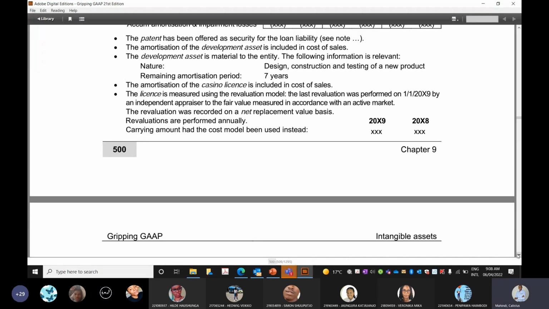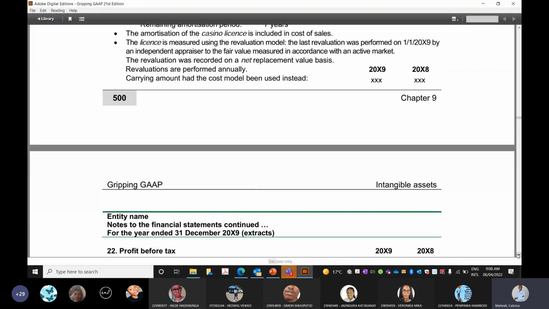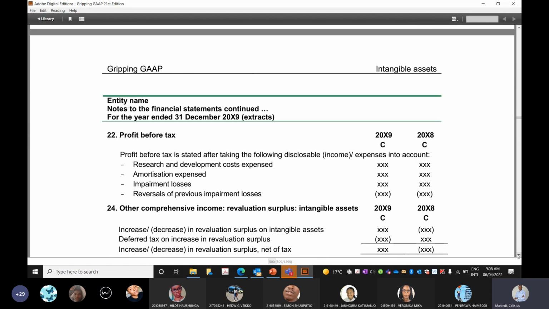Okay, maybe the other one that we can just deal with is a profit before tax note. You will always see that it's talking about a profit before tax note. So remember the profit before tax note, we just show significant expenses that relate to that particular asset. All right. So we've done PPE things like depreciation. You will show things like any impairment losses. You will show in the intangible in the profit before tax note. If you're doing revaluations, any revaluation surpluses, you would show revaluation deficits, etc. You will show.